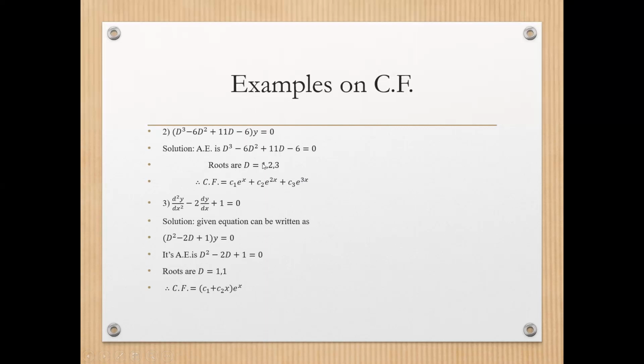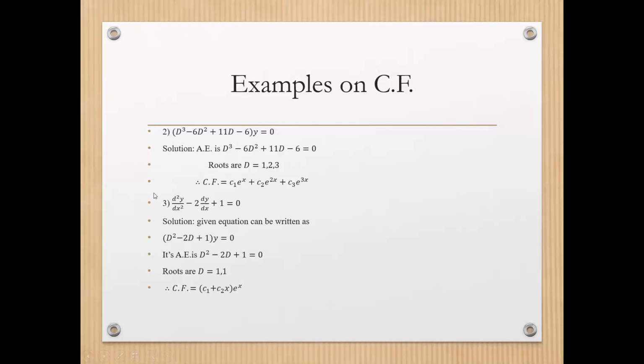Okay, getting me? Next, problem number 3. D2y upon dx square minus 2 dy by dx plus y is equal to 0. This is the second order linear differential equation. Now, as you know, d2 upon dx square is nothing but capital D square. Dy by dx is nothing but capital D y.